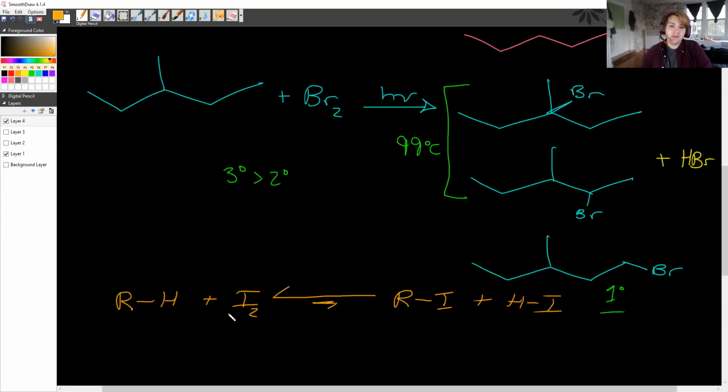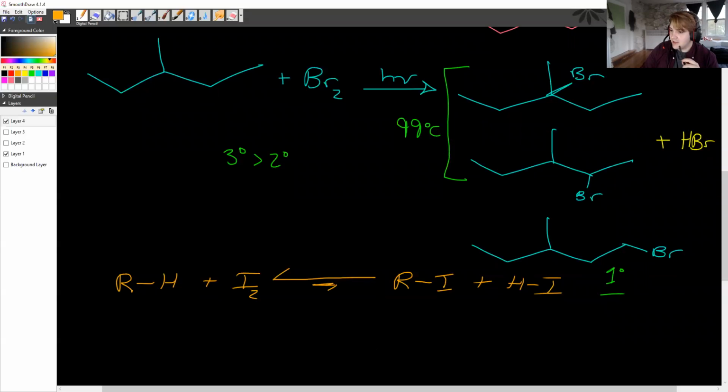It would rather stay as the diatomic iodine than as the iodinated alkane.